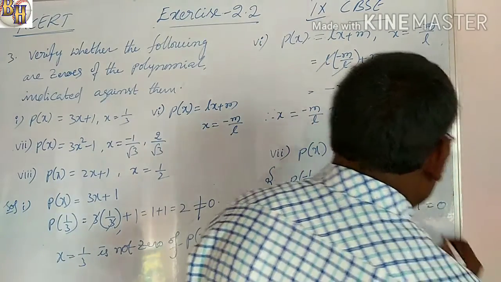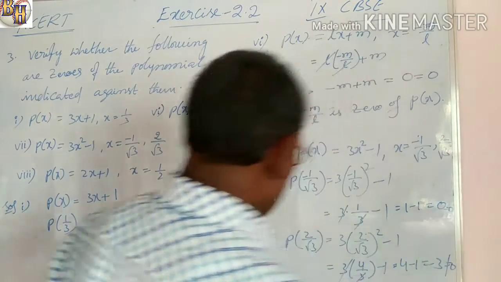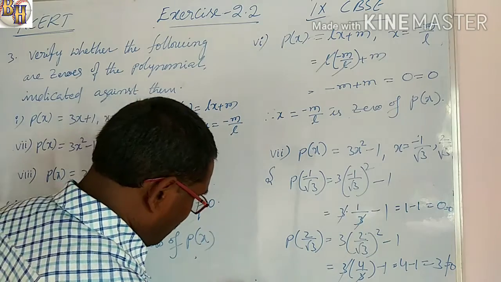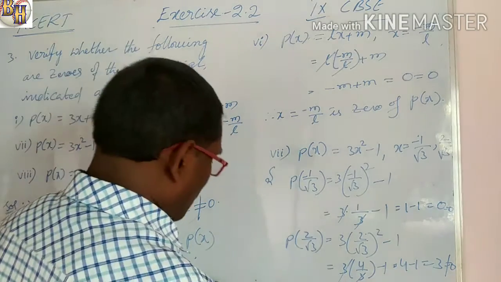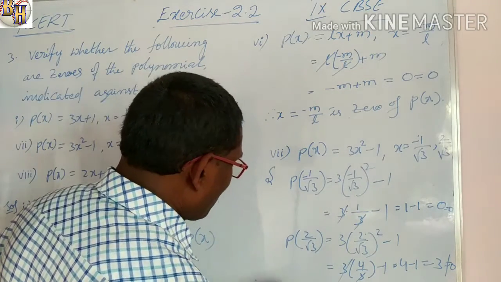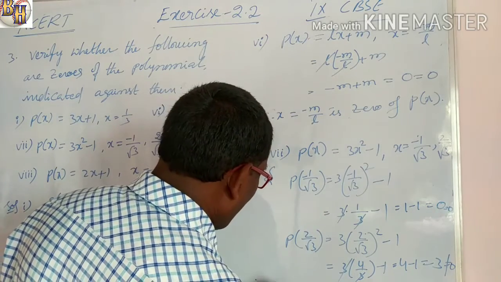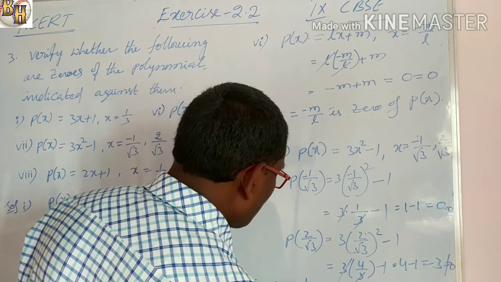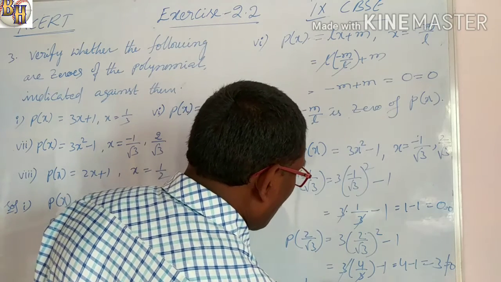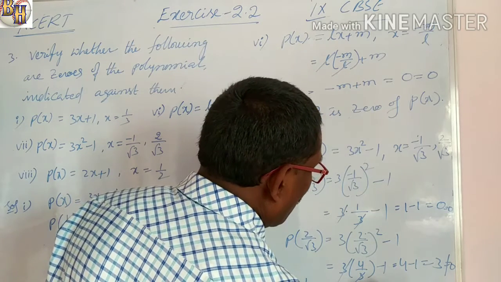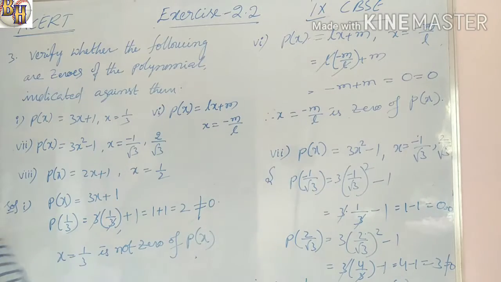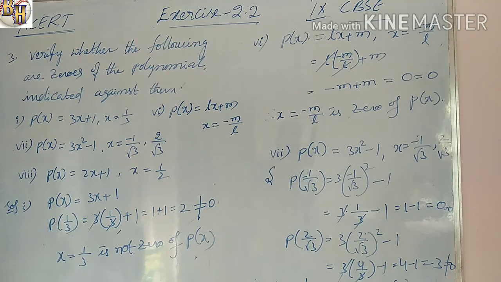Not equal to 0. This one is equal to 0. Therefore, x is equal to minus 1 by root 3 is a zero of p of x.